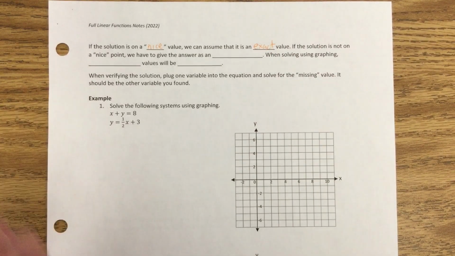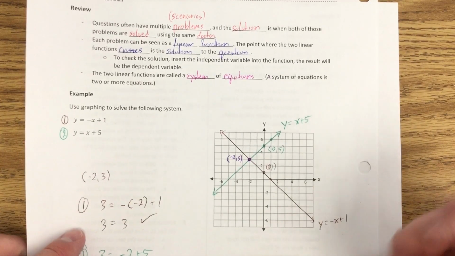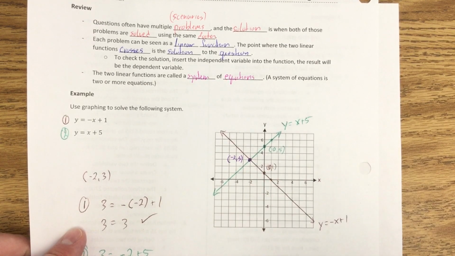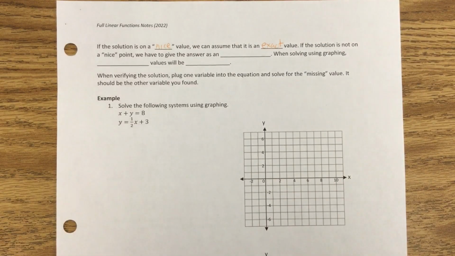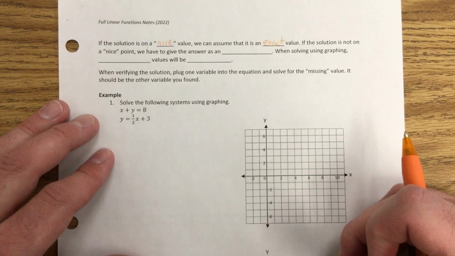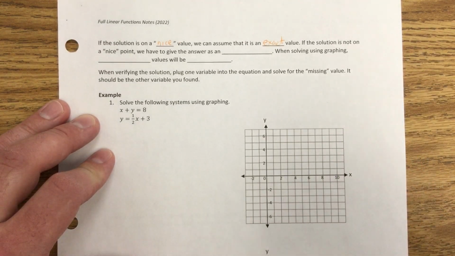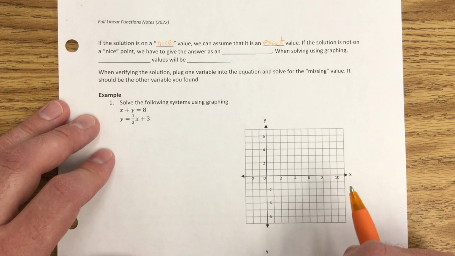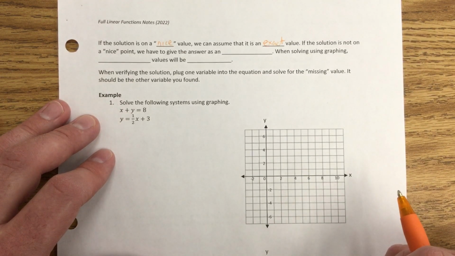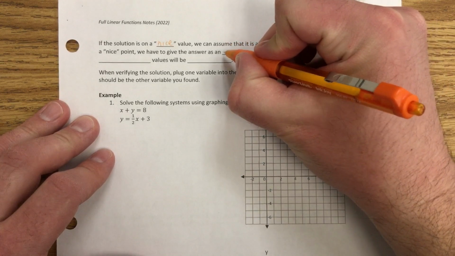Going back to our solution here, the lines met exactly on an intersection point. That's what we would call a nice solution. It's something that we can actually solve for because we know exactly where it is. If the solution is not on a nice point, where two lines meet, or even if we have to extrapolate in any way, then we have to give the answer as an approximate.